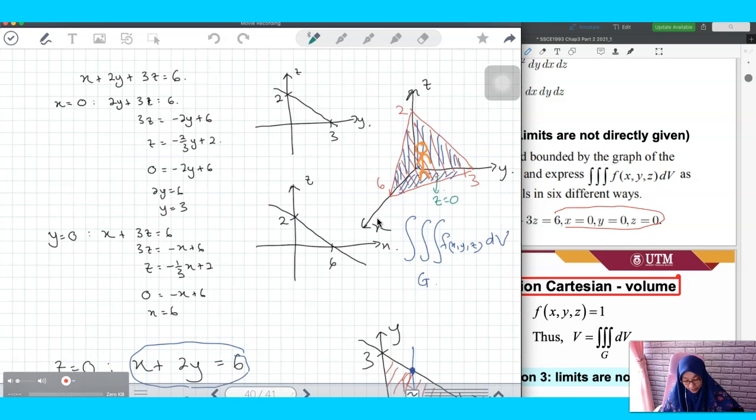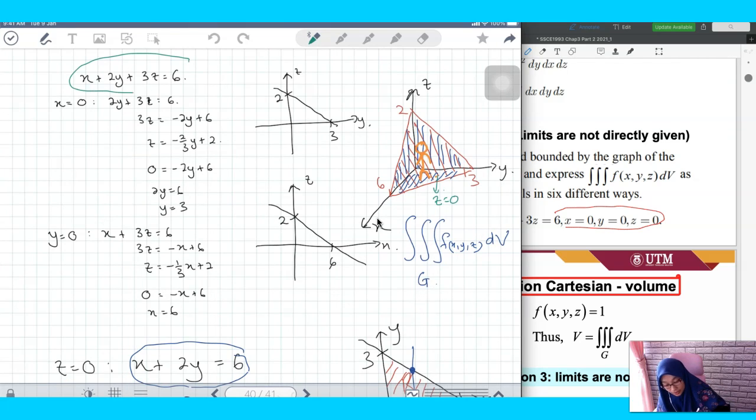So you have to look at the equation of the tetrahedron, and rewrite that to be z equal to. So you have to rearrange. You have 6 minus x minus 2y, and z equal to 6 over 3 minus x over 3 minus 2 over 3 y. So you will get 2 minus x over 3 minus 2/3 y. So that is your upper bound.